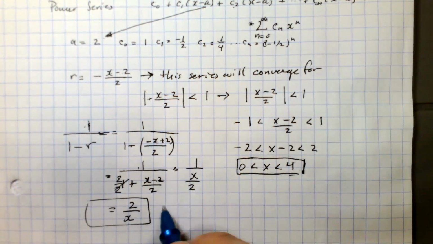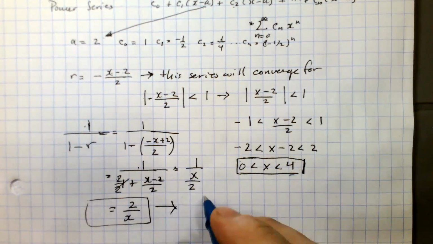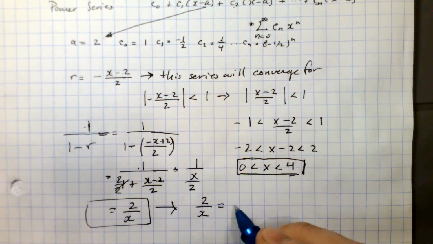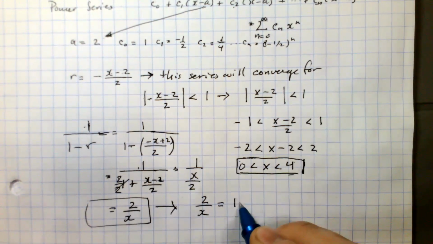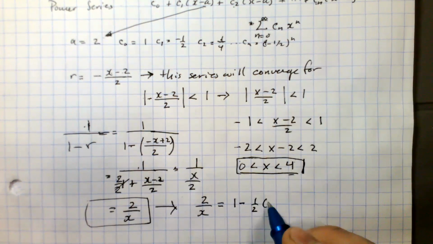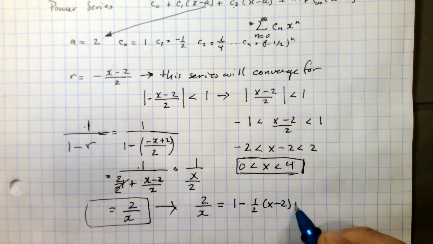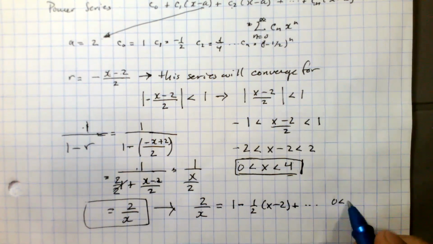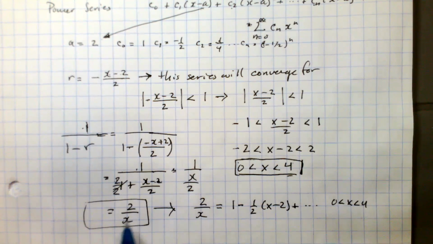We can therefore rewrite this entire series as 2 over x is equal to 1 minus 1/2 (x minus 2) plus dot dot dot, as we saw above, with the radius of convergence 0 less than x less than or equal to 4.